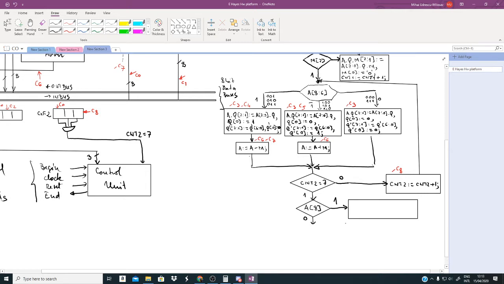Namely, in order to correct the partial remainder, we add m to a, so a is a plus m, and at the same time we will increment q prime, such that at the end, when we subtract q prime from q, we will subtract 1 from the quotient, which actually means correcting the quotient. So we increment q prime.